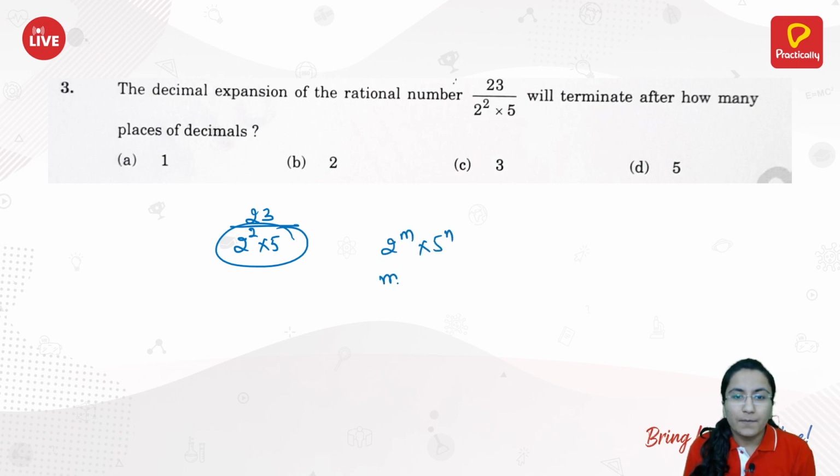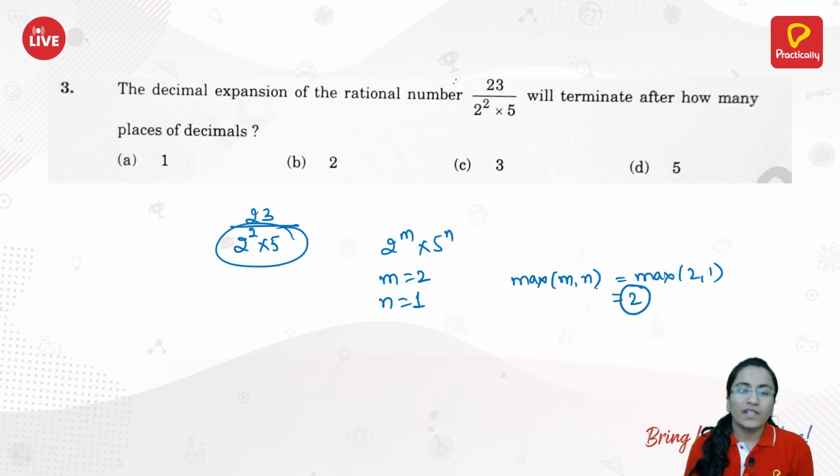So you will get m as 2 and n as 1. Whatever is the maximum of m, n, that is the maximum of 2 and 1, that is 2, gives you the answer. Or you can even divide it and find your answer. If you don't know this procedure of solving, you can divide this and get your answer. You will get 2 decimal places, so that means option B is correct.